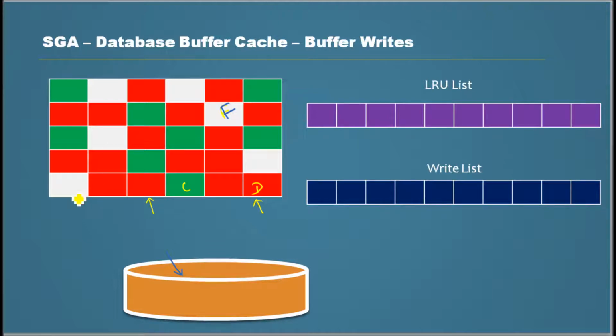One is if the number of free buffers becomes very low, I mean, if it goes below the threshold level, then DB writer, which is a process, gets signaled and it moves the appropriate blocks to the appropriate files.